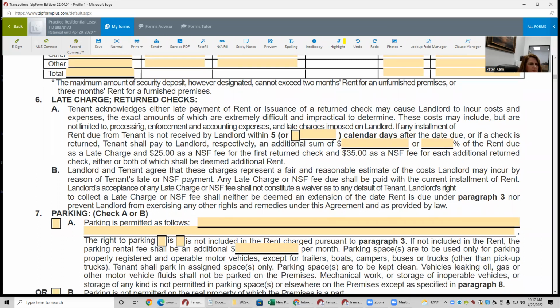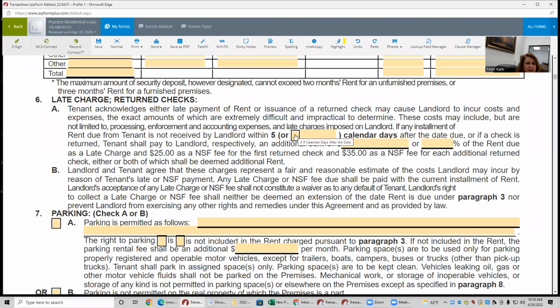So this one I was asking Peter about, because late charge amounts, I've seen different amounts. I know that normally we've been using about 5%. I think there's no set amount, but it must be reasonable estimated costs that the landlord may incur for the tenant being late.